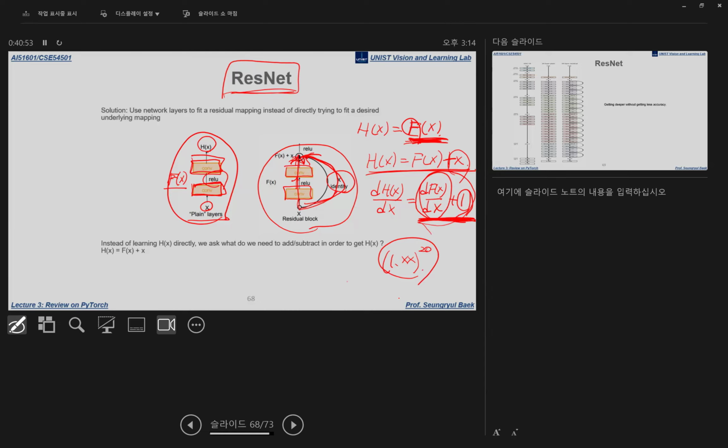So adding this simple connection is helpful for retaining stable training, by removing the possibility of the vanishing gradient. Are you guys following that? Okay. So this is why ResNet works.